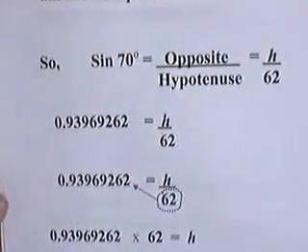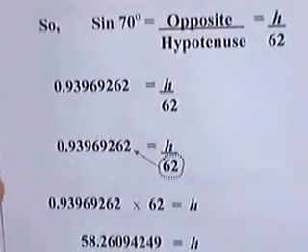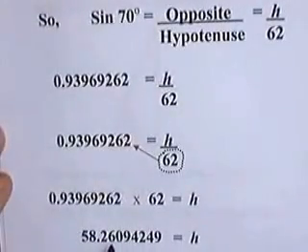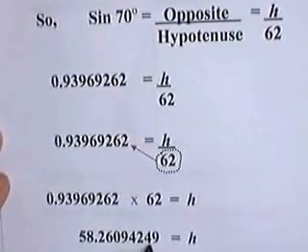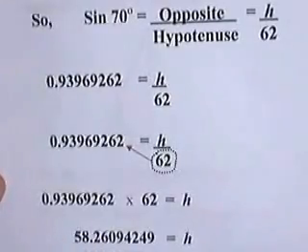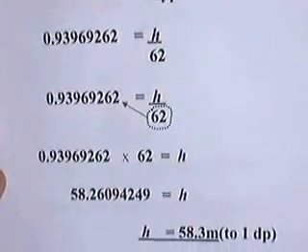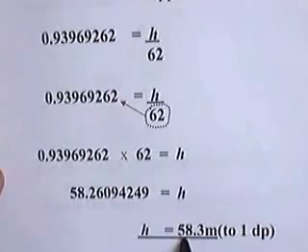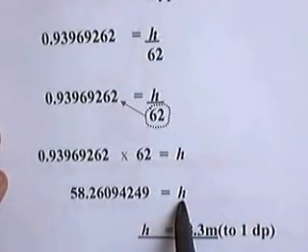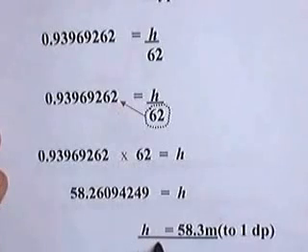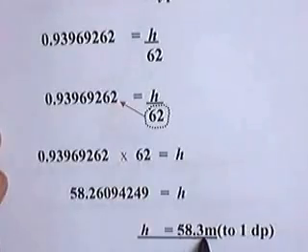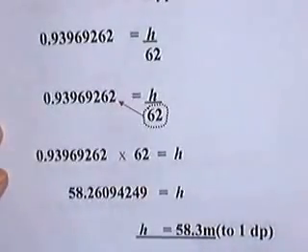It's being multiplied by 62, and it's giving the answer of 58.26094249. If you round it off to one decimal place, that is 58.3 meters, which is what h equals. In other words, the vertical height of the kite above the ground is this value here, 58.3 meters.